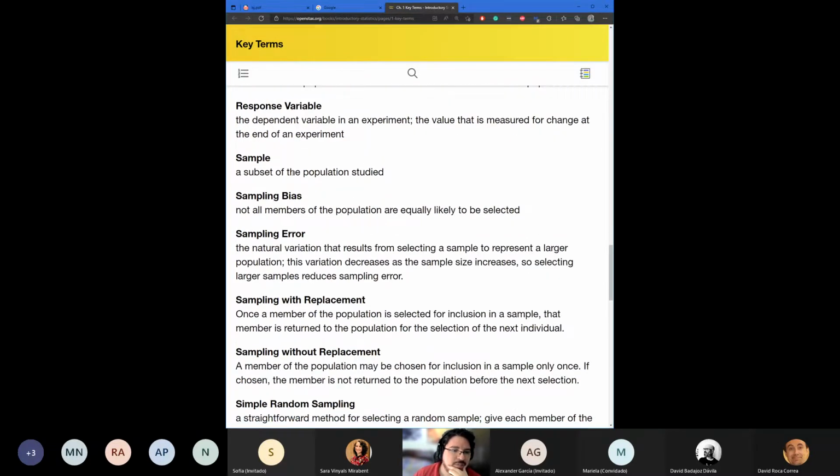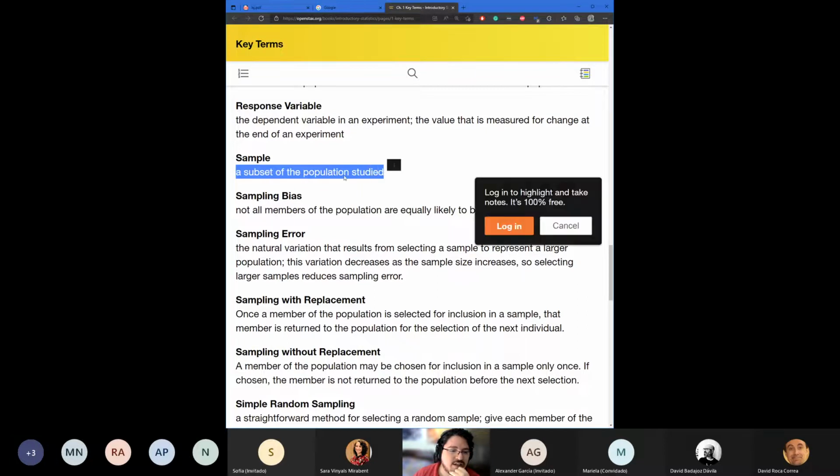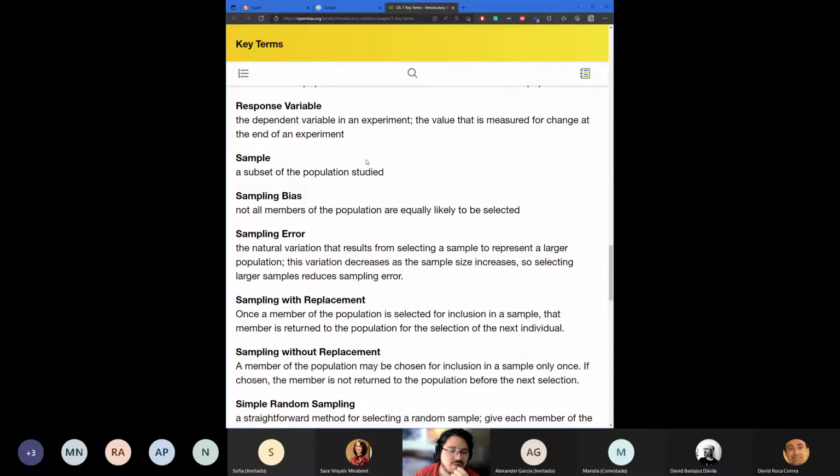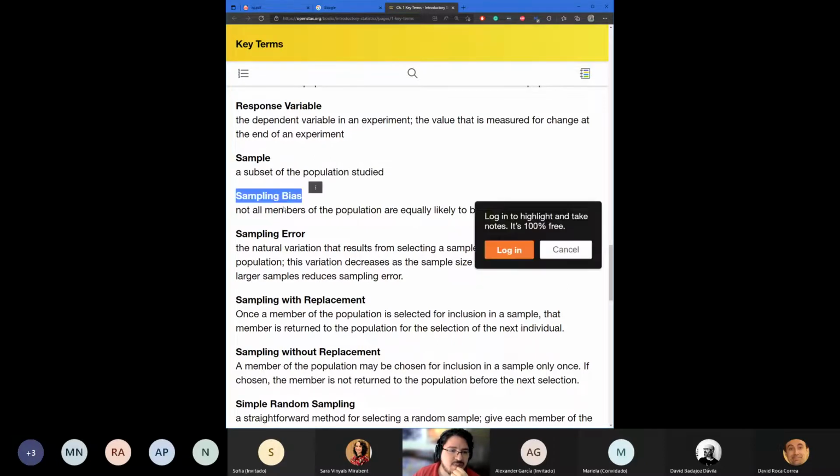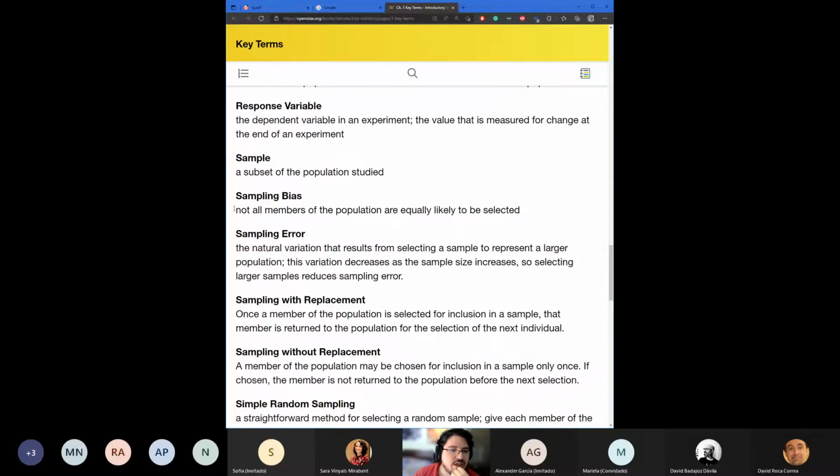Well, yes, here's sample: a subset of the population. Here it doesn't particularly describe whether this sample should be representative or not. But here we have the idea of sample bias, where not all members of the population are equally likely to be selected.